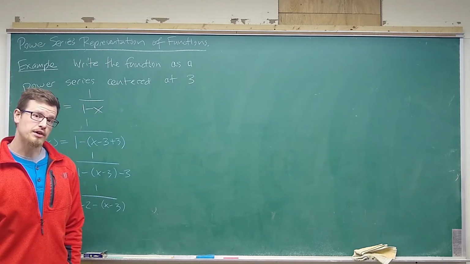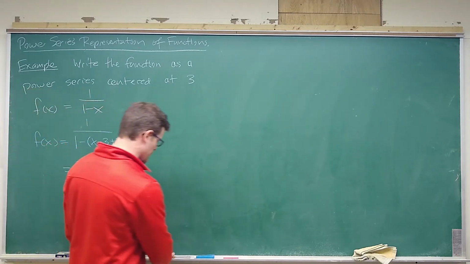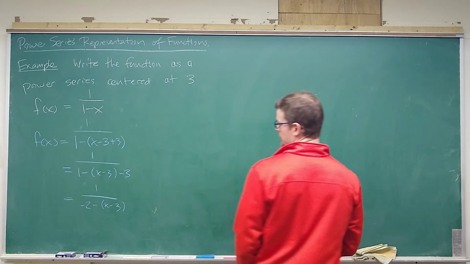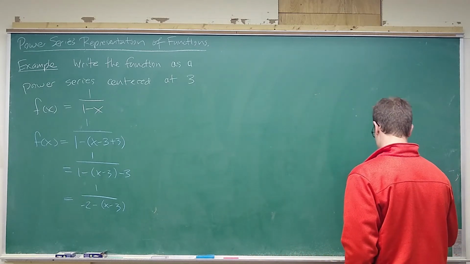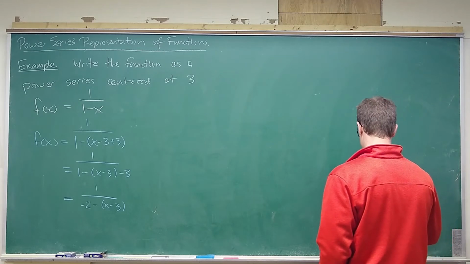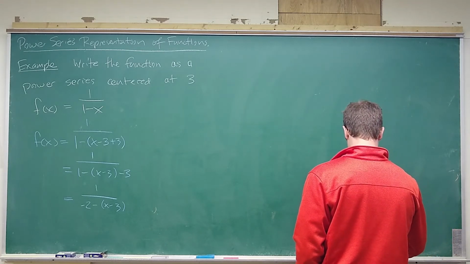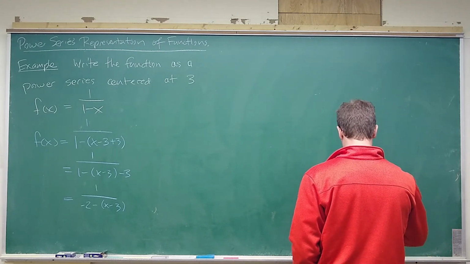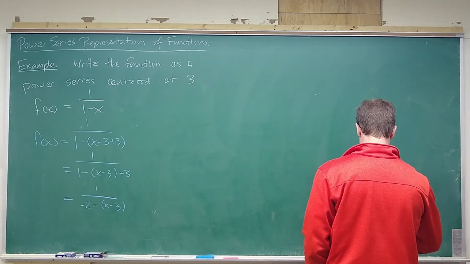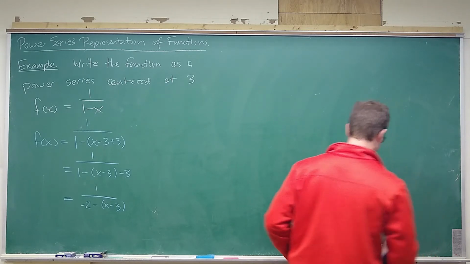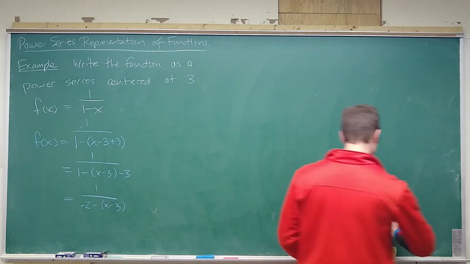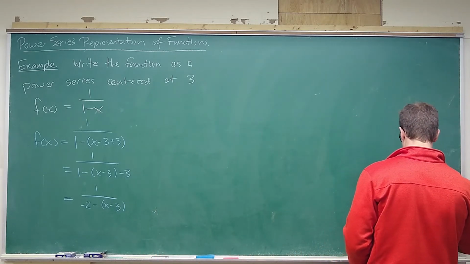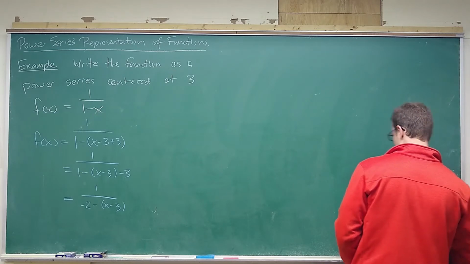We're still looking pretty good, but let's not forget the form of the sum of a geometric series: the sum from n equals 0 to infinity of a times r to the n. The sum is a over 1 minus r.